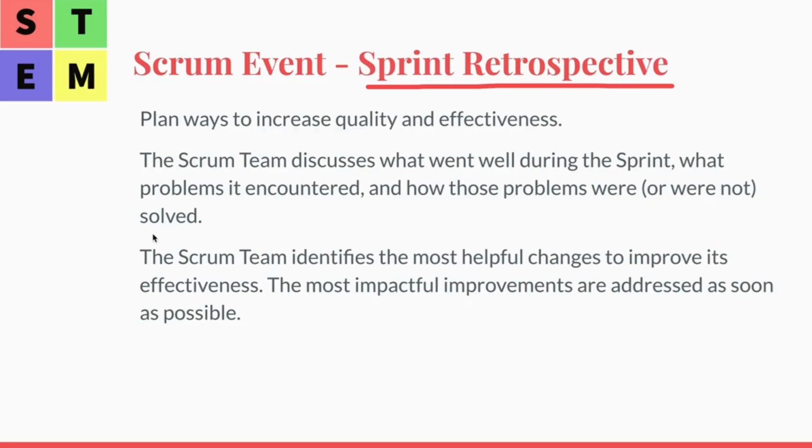We need to keep what we are doing well during the sprint, and we need to fix the problems that we met during the sprint so that we can improve for the next sprint. That's what the sprint retrospective does.